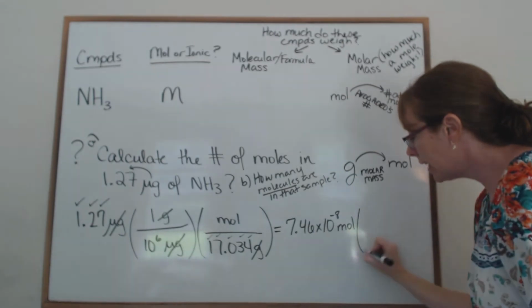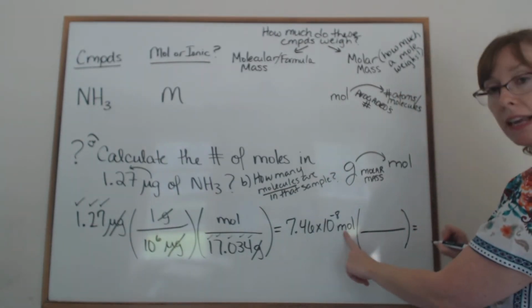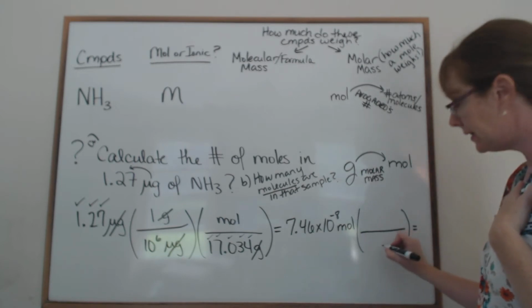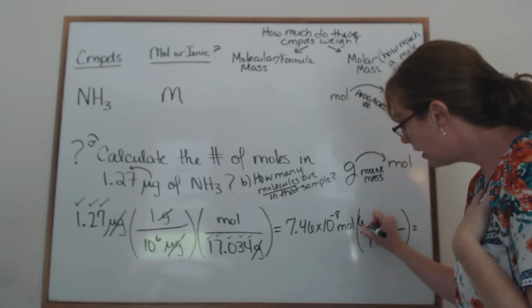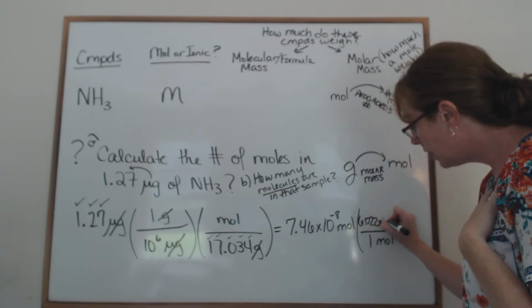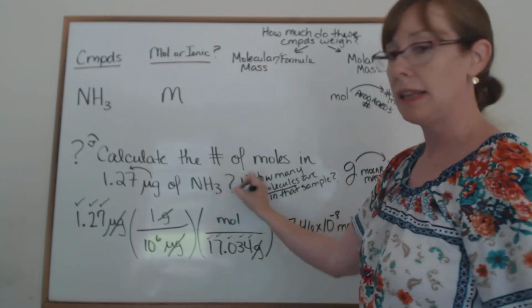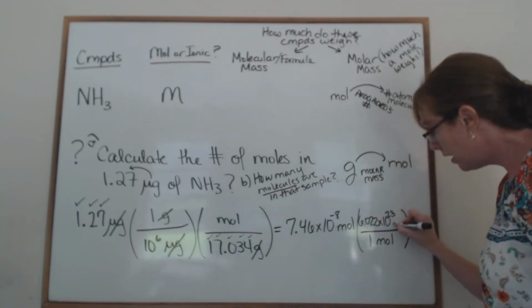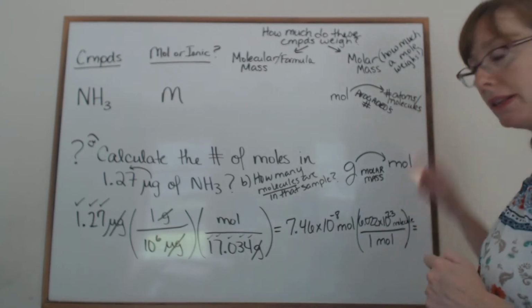Now, I do it as a conversion factor. I do lots of things as conversion factors. I need to get rid of moles, so I will write it like this. In every 1 mole, there are 6.022 times 10 to the 23rd. In this case, we're talking about something that is a molecule. If it was just an atom, I would write the word atom. But this is a molecules.